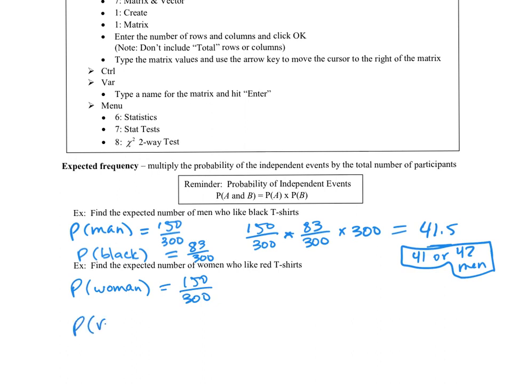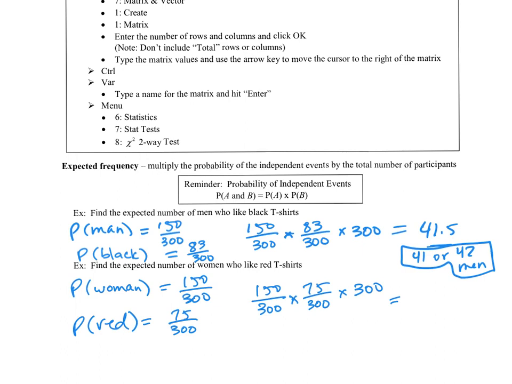The probability of a person choosing a red t-shirt, a total of 75 people liked red out of 300. So the probability of being a woman and choosing a red t-shirt would be the product of those probabilities. So 150 over 300, times 75 over 300, and then you multiply that by the number of participants, which is 300. So again, you could reduce these fractions and make the arithmetic a whole lot easier.